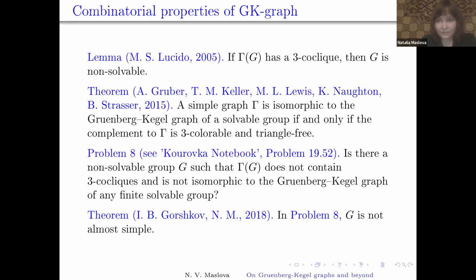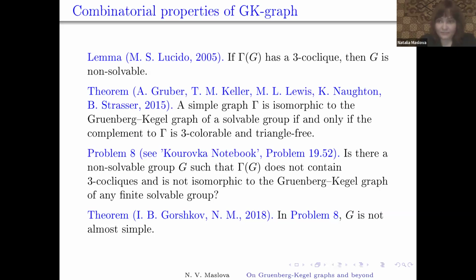And around 10 years ago, a group of American mathematicians, Alexander Gruber, Thomas Keller, Mark Lewis, Kelly Norton, and Benjamin Strasser proved that if we take a simple graph, then this graph is isomorphic to the Gruenberg-Kegel graph of a solvable group if and only if the complement to this graph is three-colorable and triangle free.